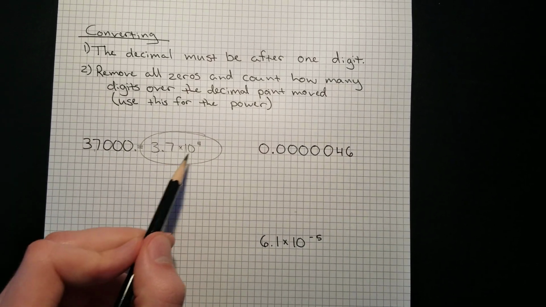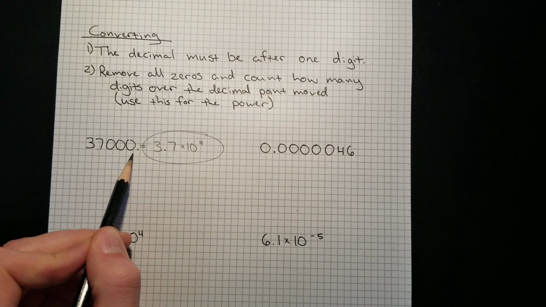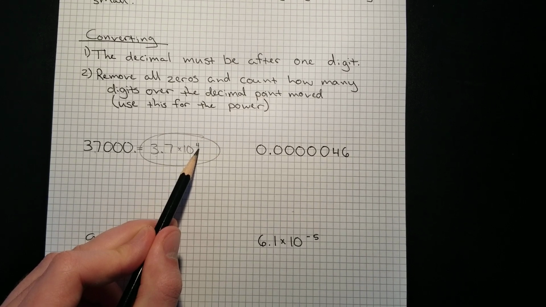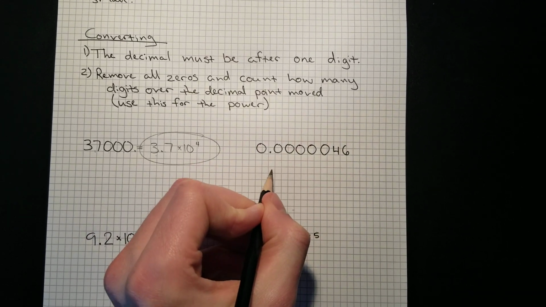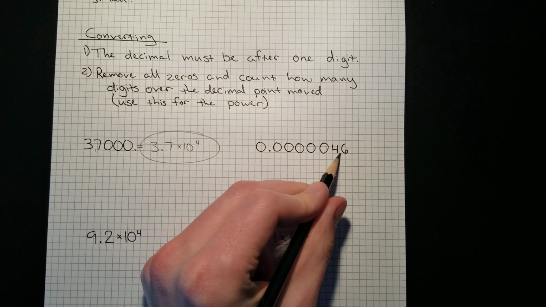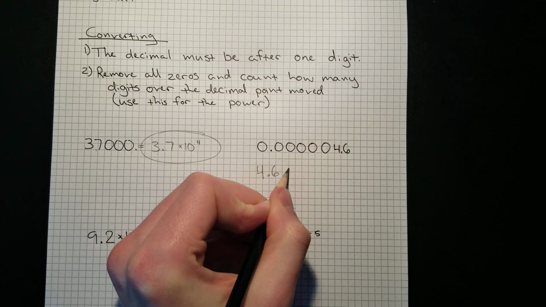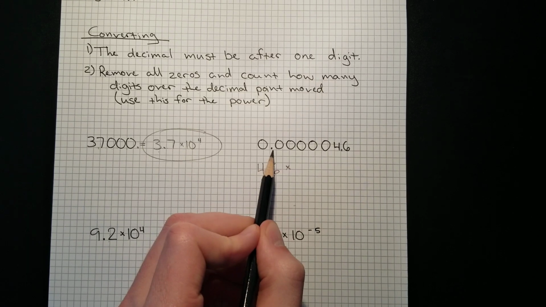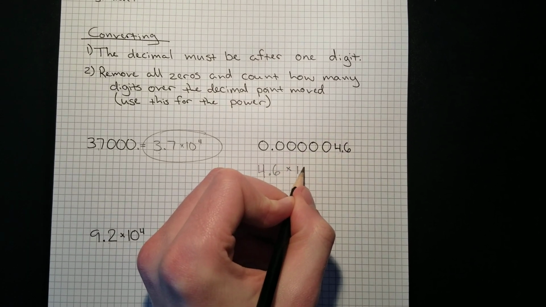Another way to remember that is when we have some big number like this, or it's not that big, but a larger number like that, that means the exponent is going to have to be a positive number. Which brings us to something like this. We're going to put the decimal after one digit, so it's going to be 4.6. When a number is very small like this, with a decimal and a lot of zeros before the number, that's going to be very small.